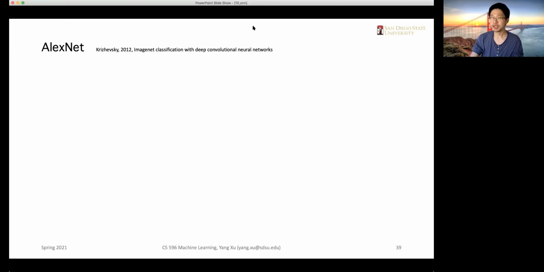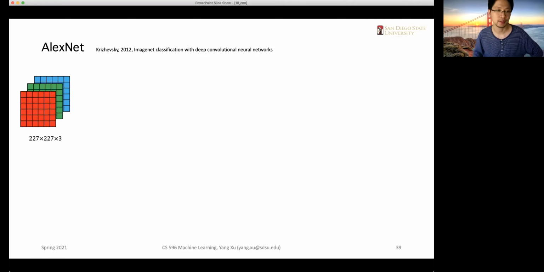Now we have time. Let's take a look at some more advanced networks. So first of all, in the year of 2012, AlexNet was invented, and it's basically a revolutionary achievement that uses the deep convolutional neural network to improve the accuracy of ImageNet classification by a very significant amount.